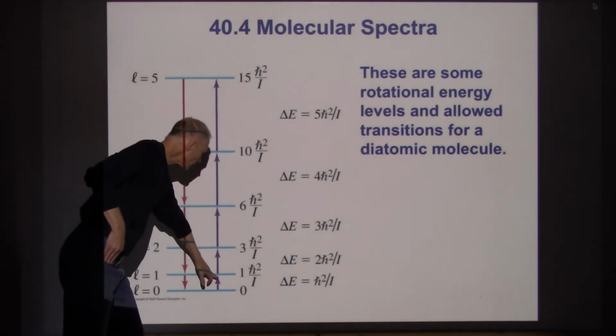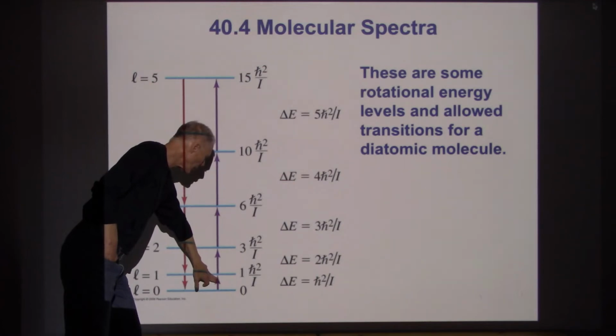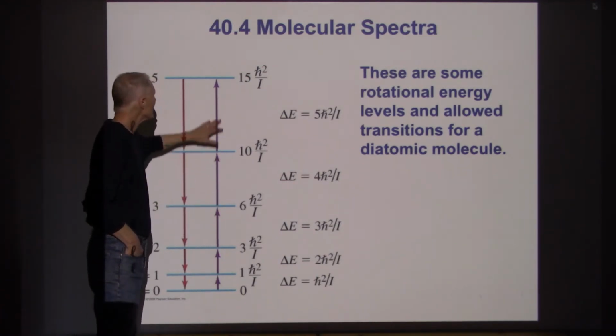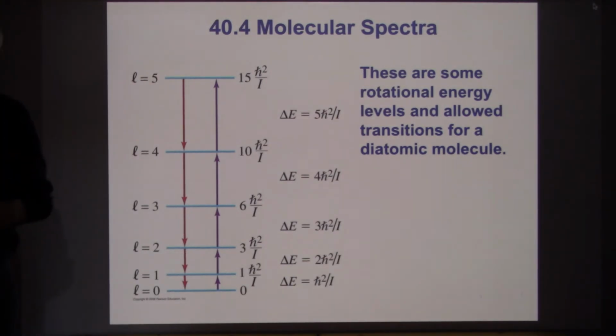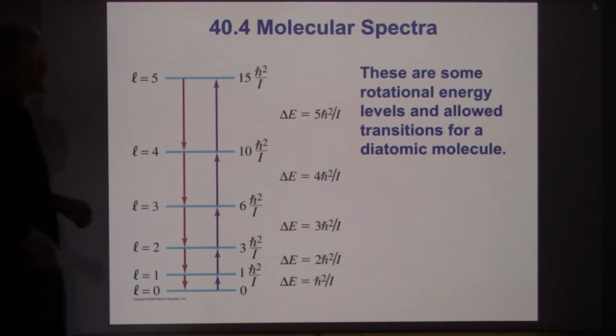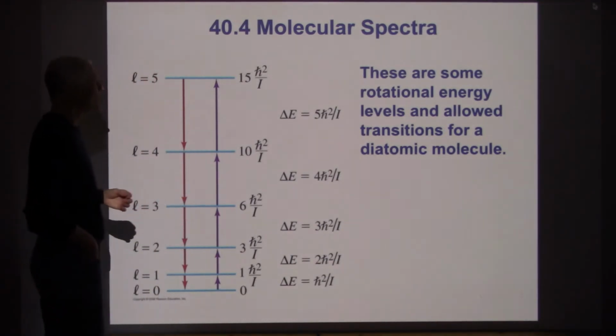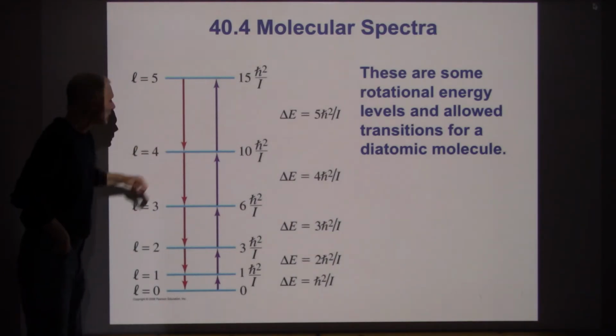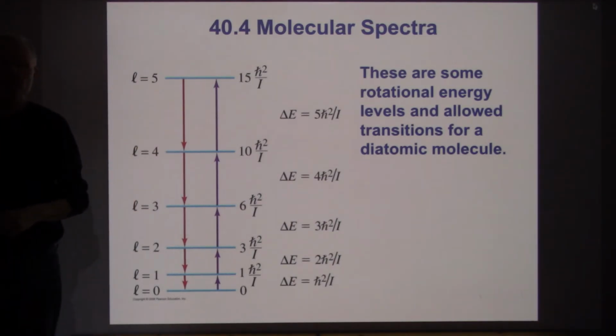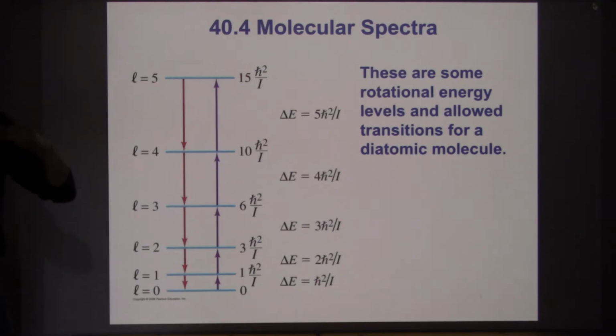If a molecule in a lower rotational quantum state absorbs photons, it can transition to higher states, but it needs the right amount of energy. So an additional feature of these transitions is that in rotational energy, we tend not to skip steps. If you're going upstairs or downstairs in a building, you probably take the steps one at a time. That's what rotational energies do. They don't jump 2 or 3 steps in one leap.